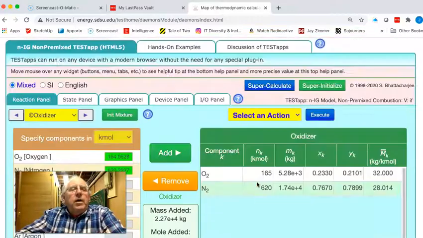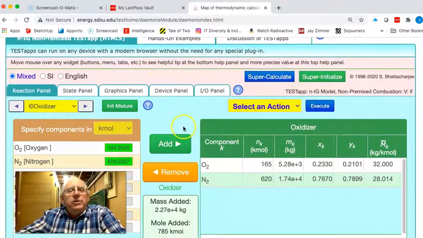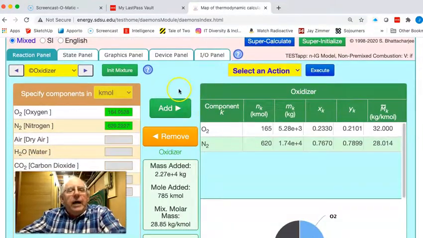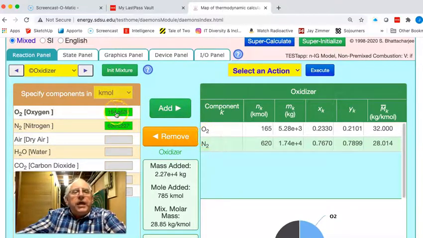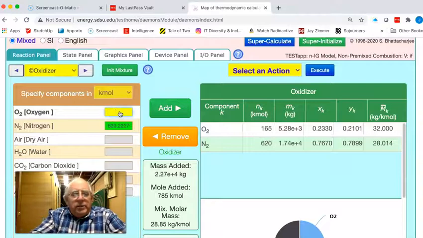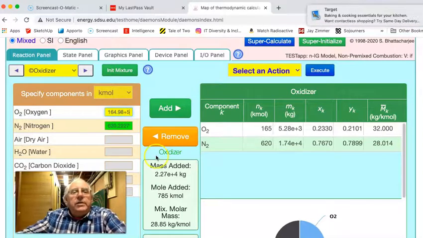I'm going to now go back up to my oxidizer. And now for my oxidizer, what I'm going to do here is change this 164.98 to 164.98 plus 5. Okay, so I added 5 units to that.